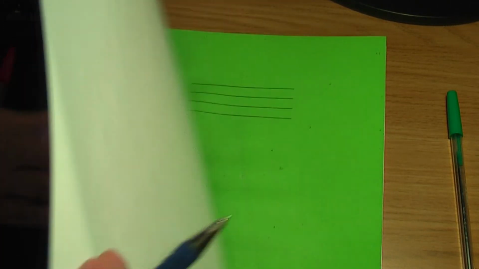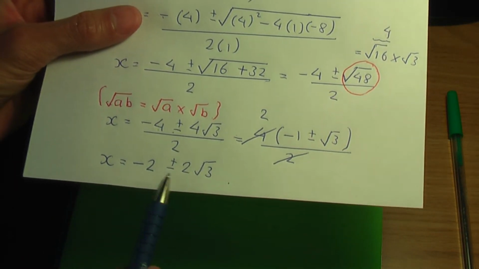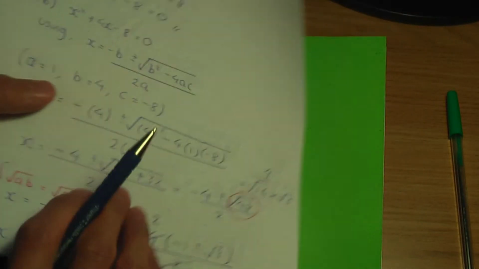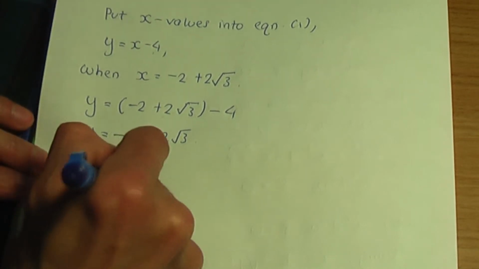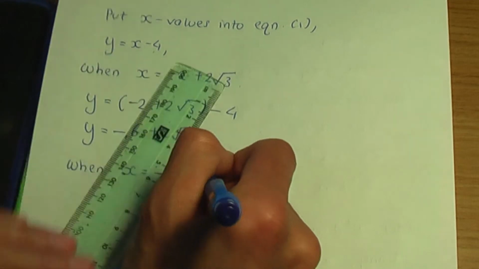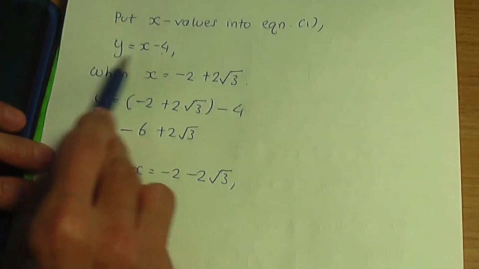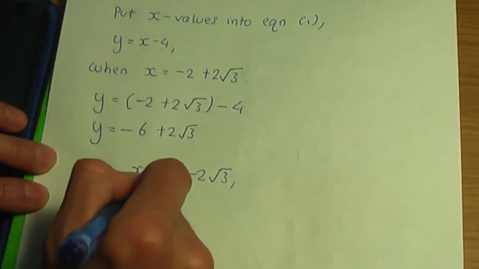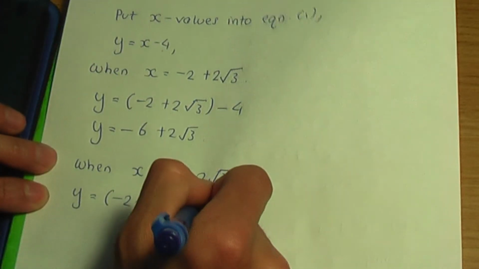Now we have another x solution, do not forget, that being x, which is minus 2 minus 2 root 3. So let's work out the corresponding y. So when x is minus 2 minus 2 root 3, when I replace into the y equation, y will be x, which is minus 2 minus 2 root 3, minus the 4.